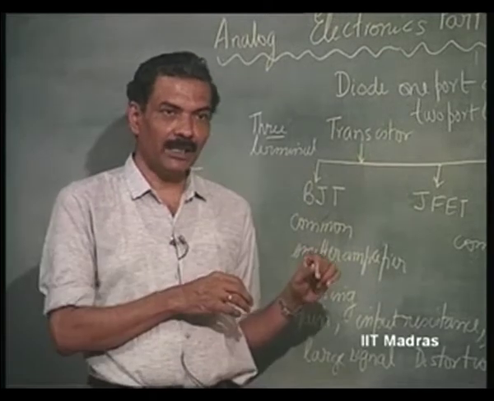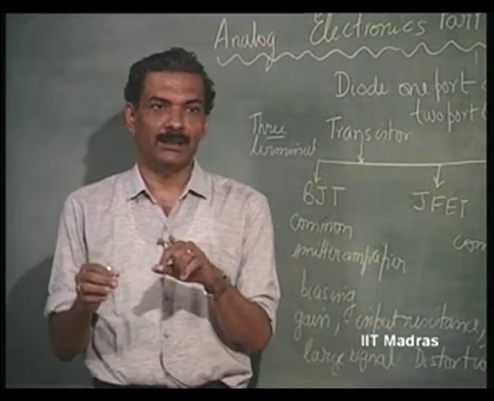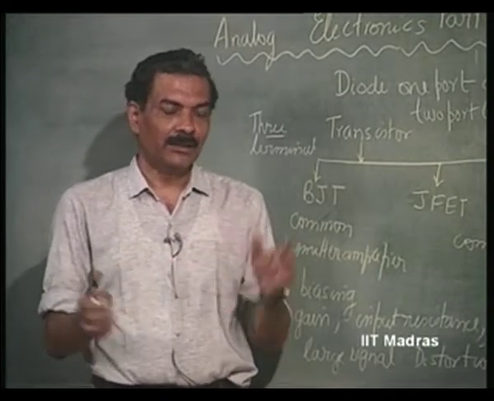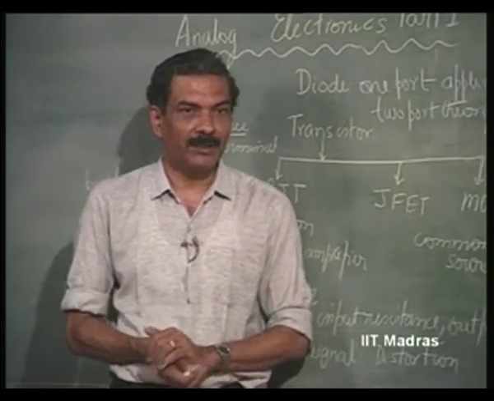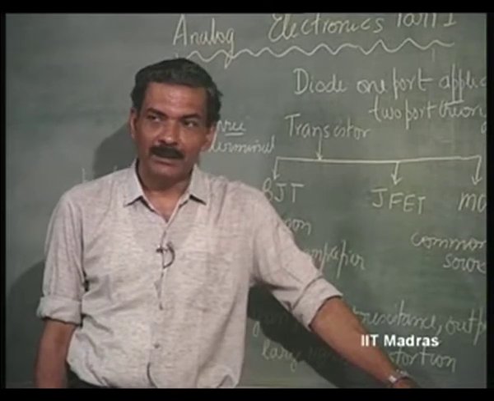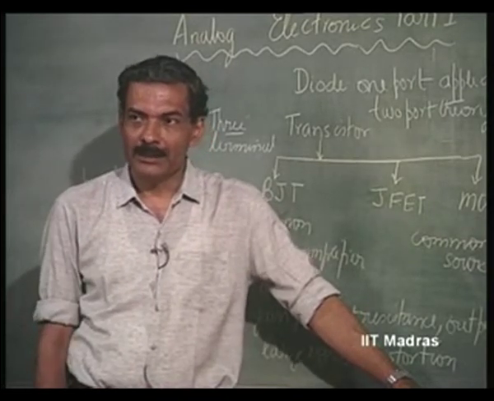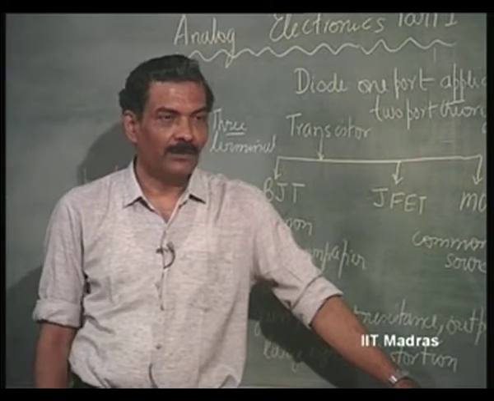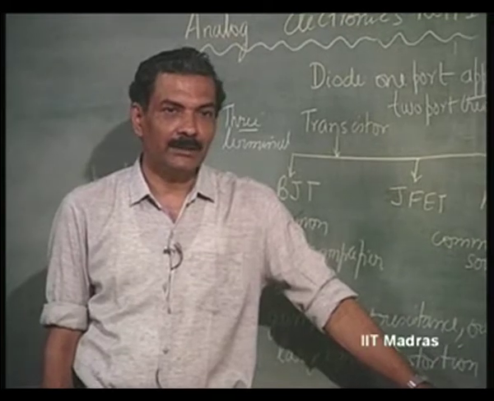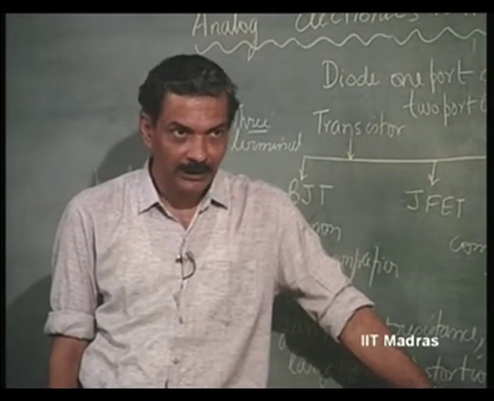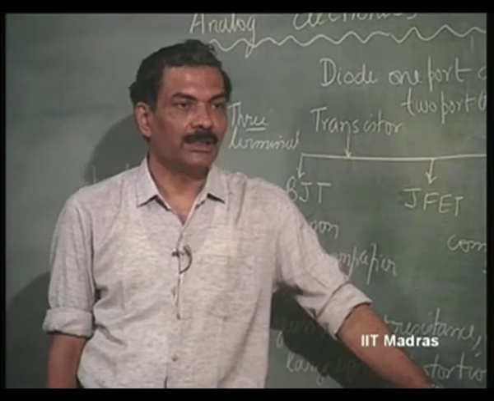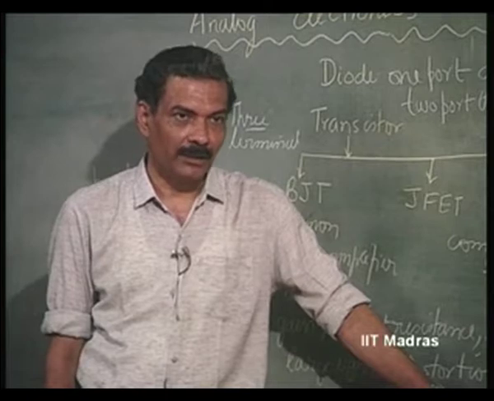If it is VGS as the input voltage, GM times VGS is the current of the MOSFET or JFET, and each of these current sources can be shunted by RCE and RDS respectively in the case of BJT and FET. Therefore the equivalent circuits are similar, except that as far as the bipolar junction transistor is concerned, at the input it is not an open circuit; it has an input impedance which is RBE, which is RE into beta plus 1 approximately.